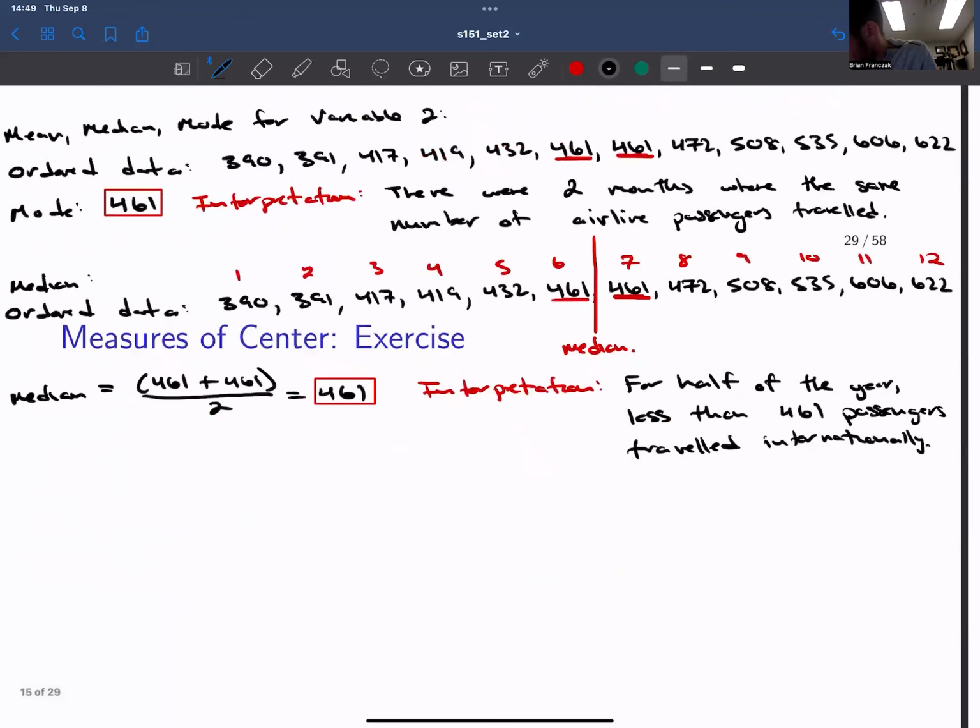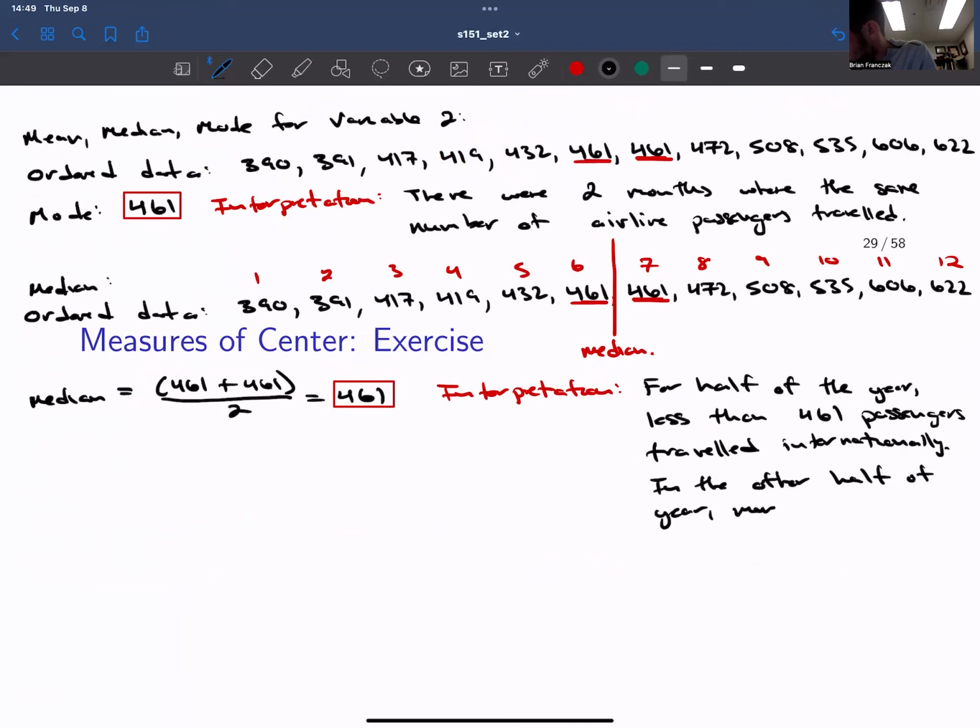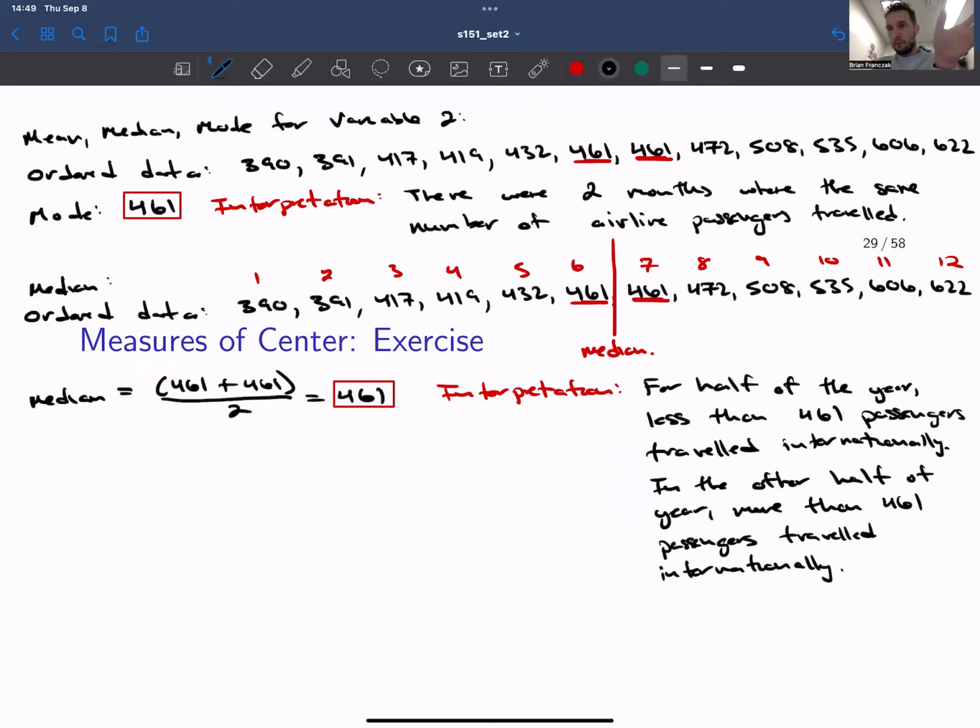In the other half of the year, more than 461 passengers traveled internationally. Okay, so it's the halfway point in the data, and it's telling us what occurred in the bottom half of the data and what occurred in the top half. So again, in this case, how many people traveled below the midpoint and how many people traveled above the midpoint.